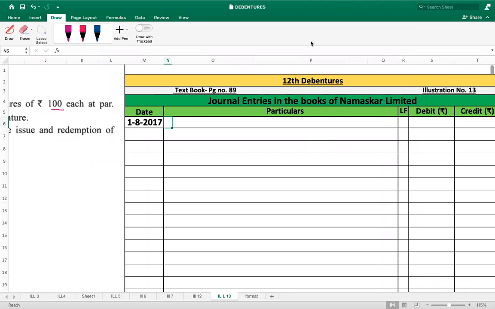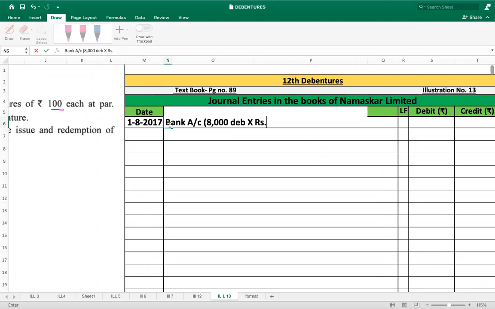Now let's write the first entry. Bank account debit. So how many debentures? 8,000 debentures into rupees. We are going to collect only rupees 100 from debenture holders.